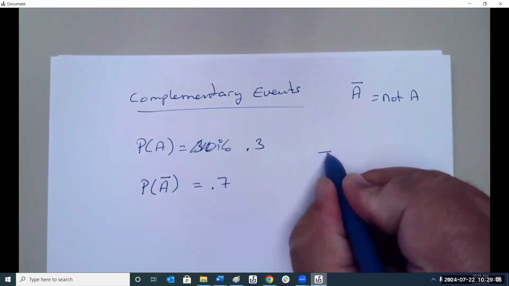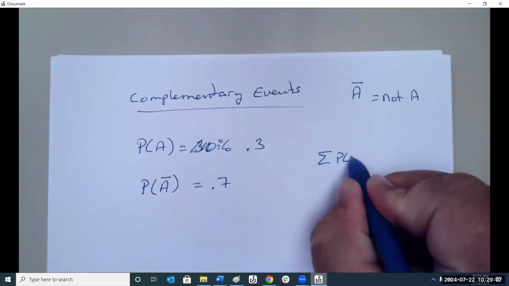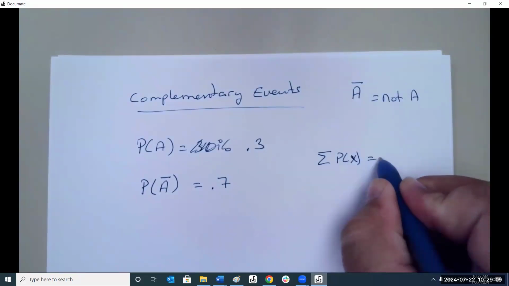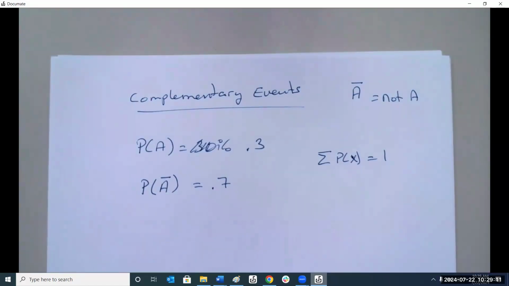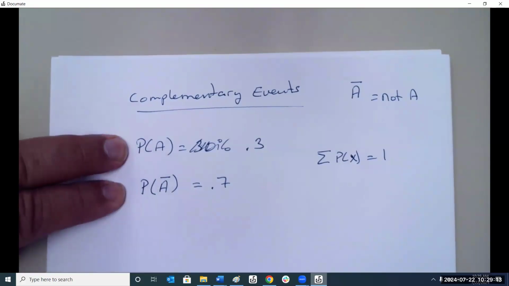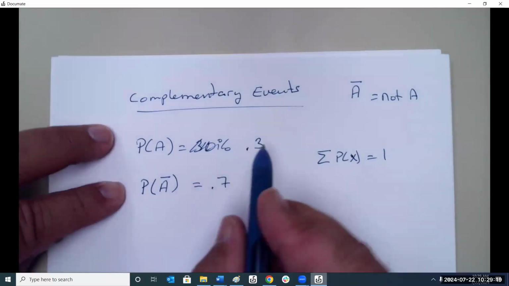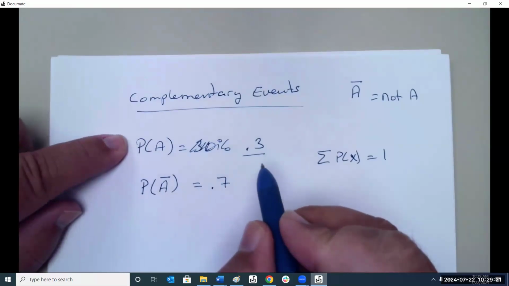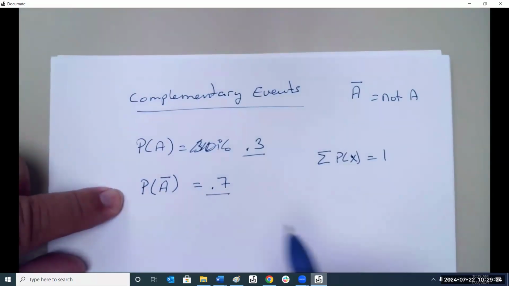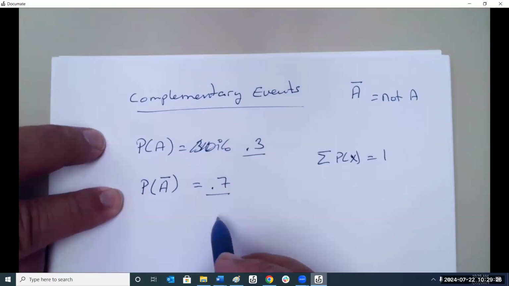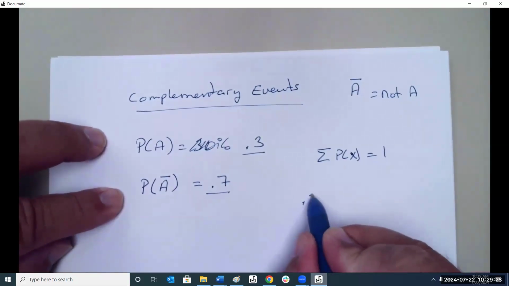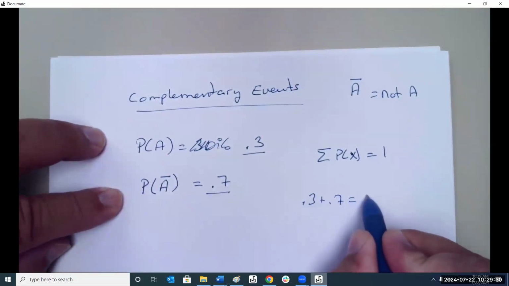Because remember, the sum of all your probabilities has to equal 1. It'd be just 0.7, because if we add 0.3 for A happening, then we add 0.7 for A not happening. So 0.3 plus 0.7 is 1.0.